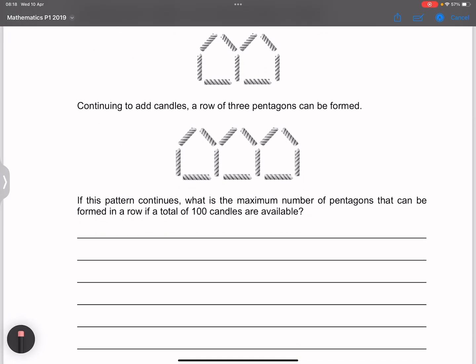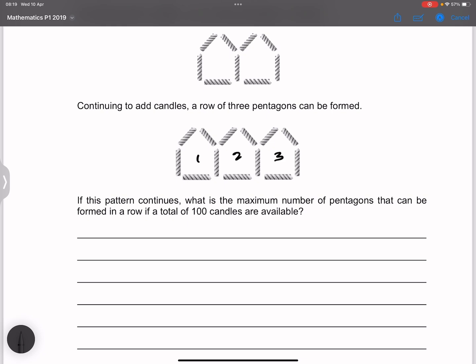So they say if this pattern continues, what is the maximum number of pentagons that can be formed in a row if a total of 100 candles are available? Please note, this would be term 1, this would be term 2, this would be term 3.